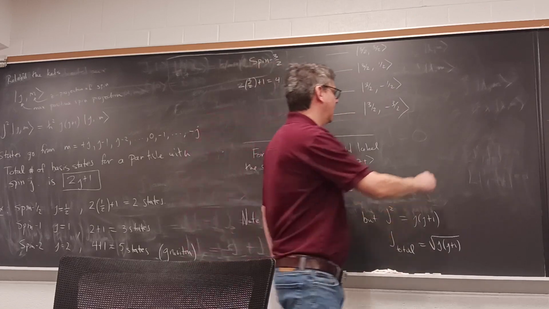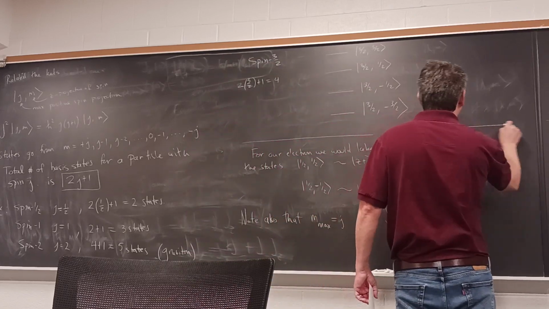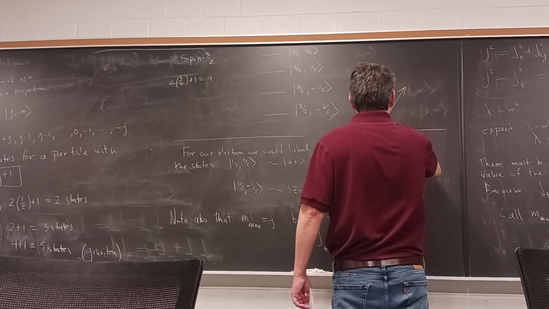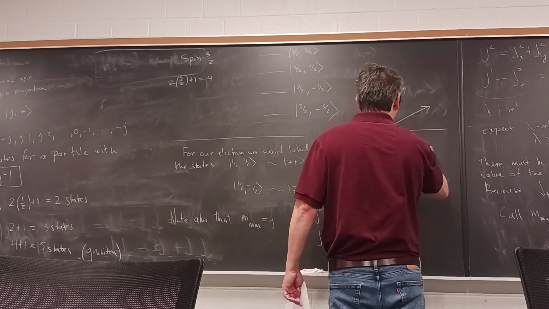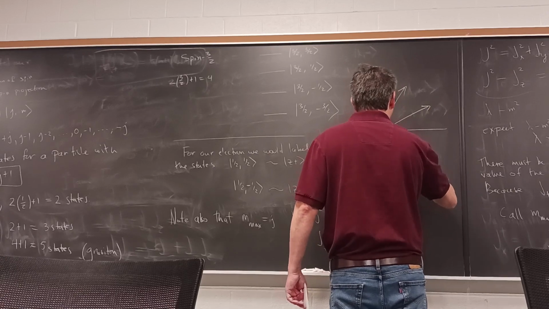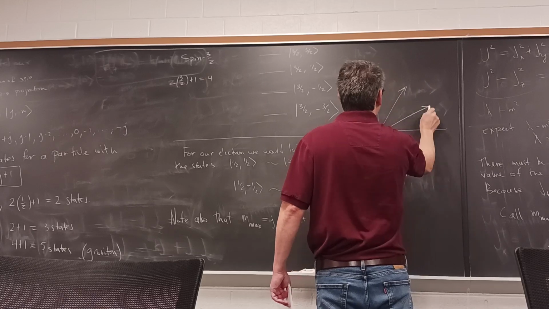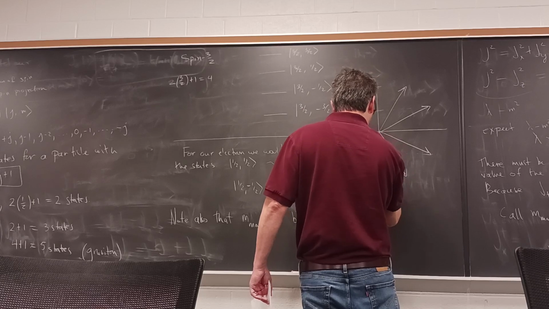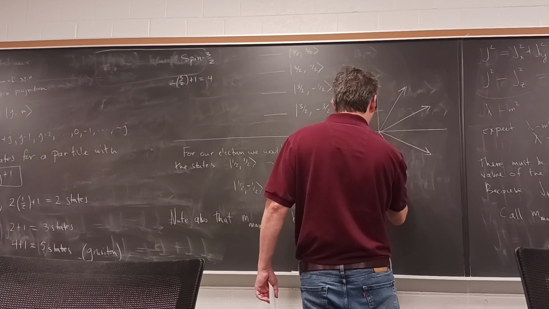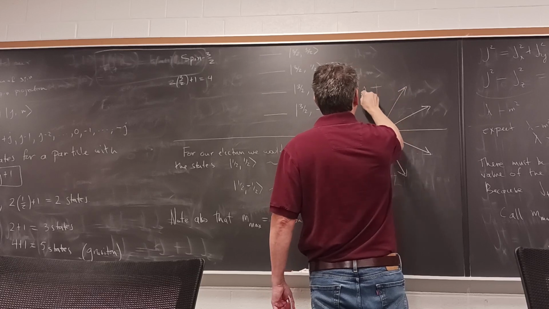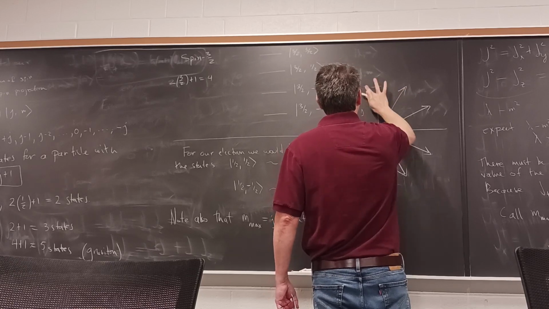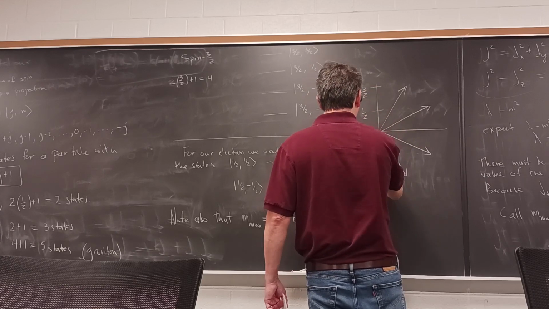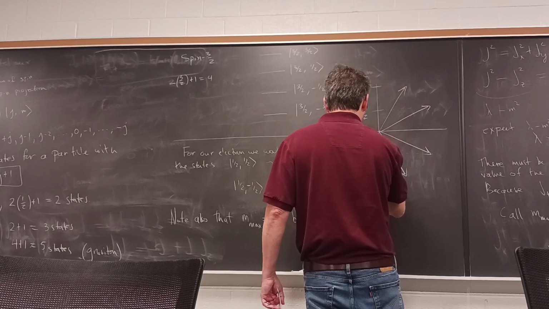So if you draw a picture of these things, we can draw, for example, this one. If this is J, this is 3 halves, 1/2, minus 1/2 and minus 3 halves, right?